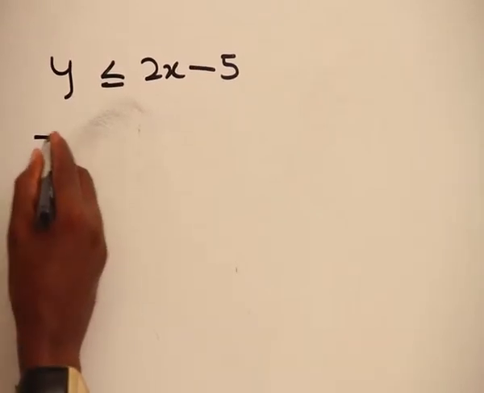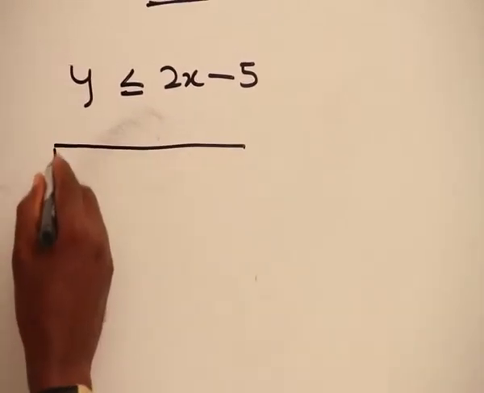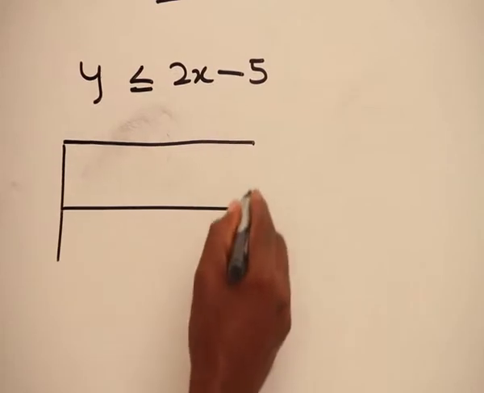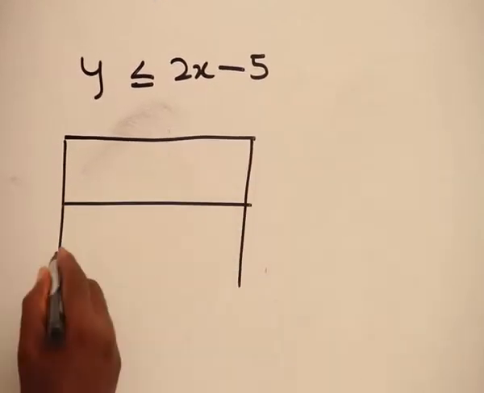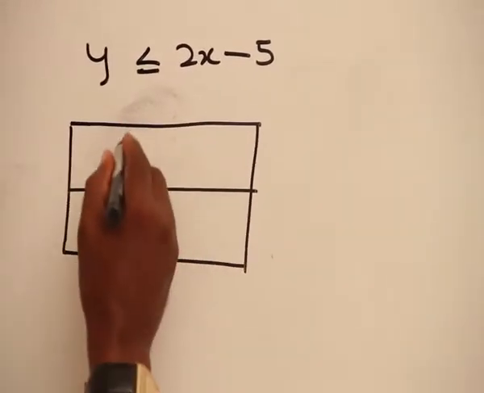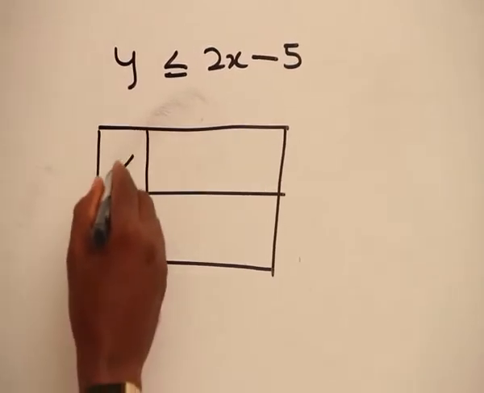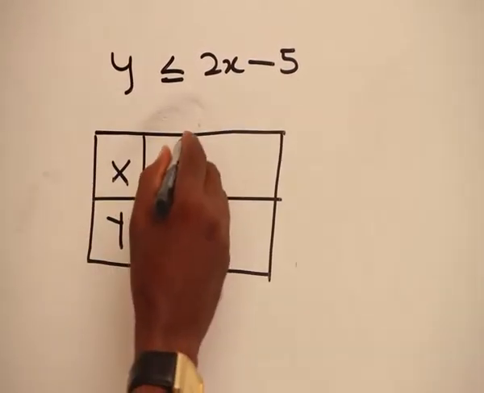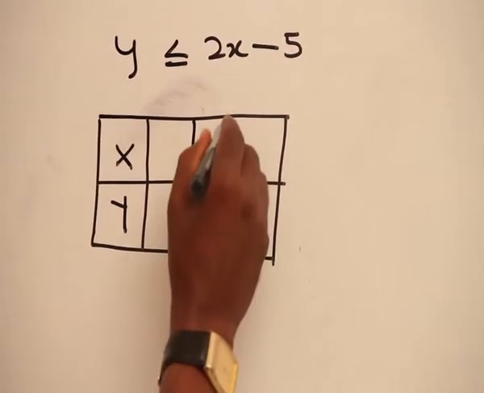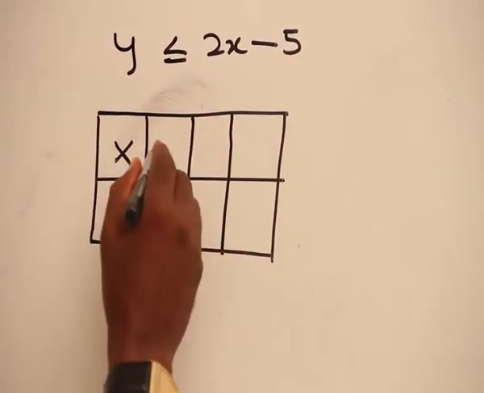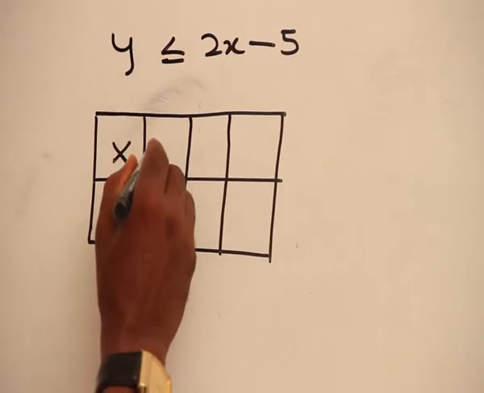Now, let's make a table of values for this. Let's choose some values. We have x, we have y. Then let's make space for 3.